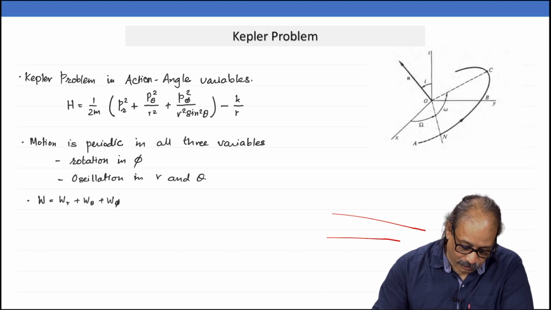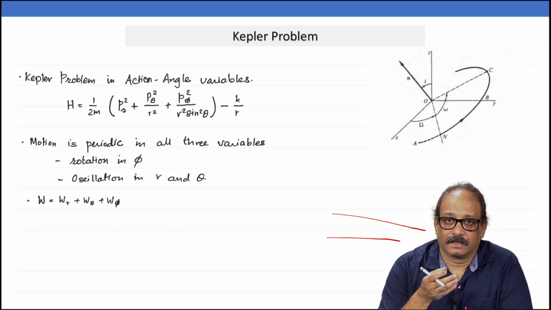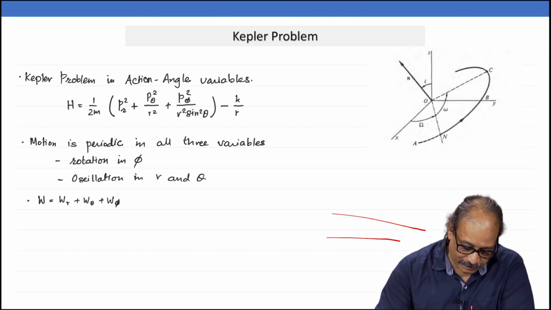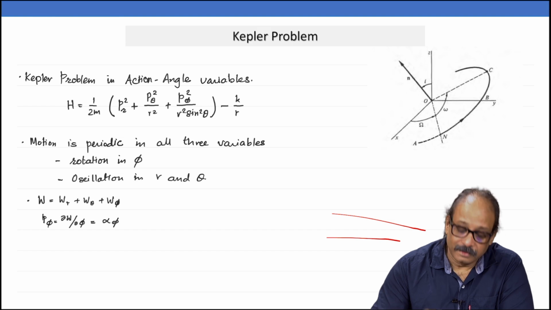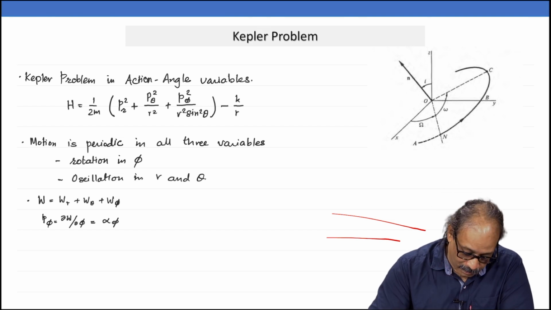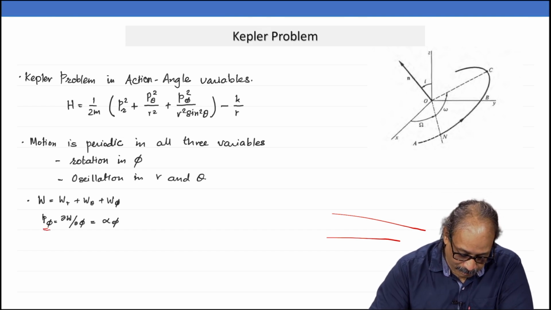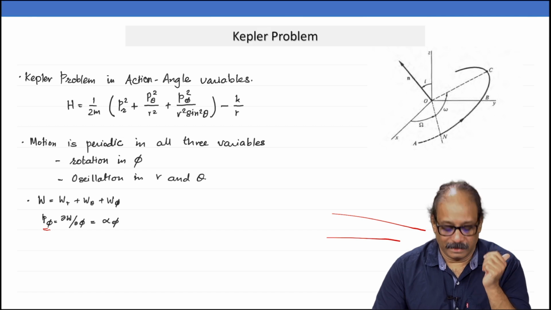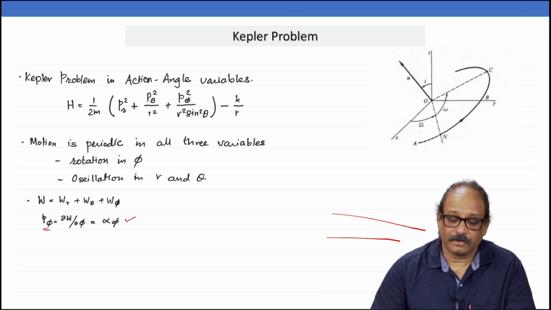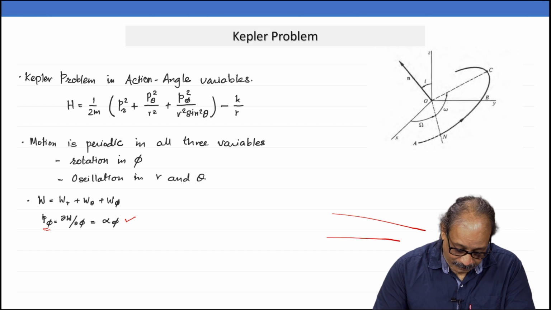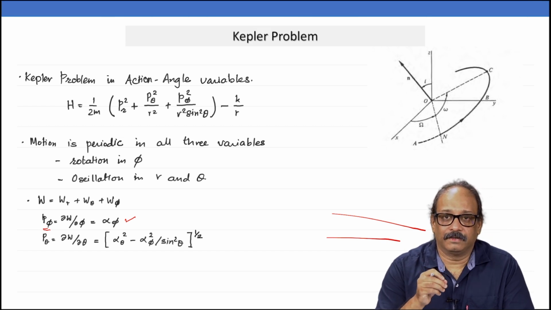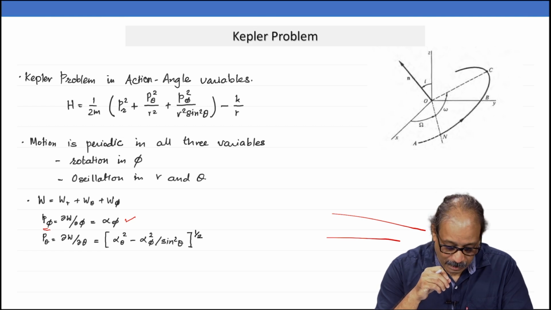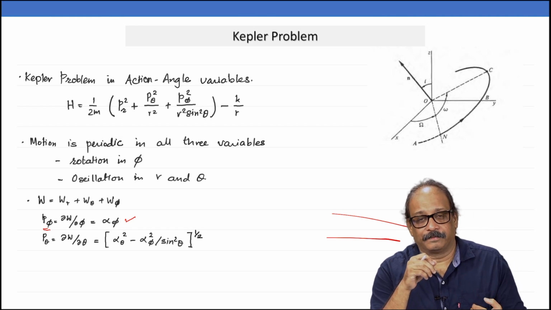Okay. So, the Hamilton's characteristic function, we will write it as 3 pieces, and now what is p phi? P phi is nothing but partial derivative of W with respect to phi. In the previous slide we have already seen that we can set it equal to some constant alpha phi. Then p theta is nothing but partial derivative of W with respect to theta, and again look back at the previous equation.